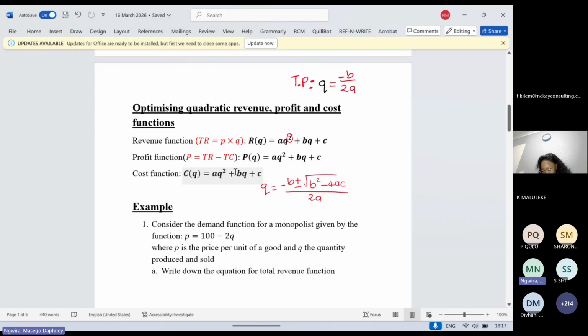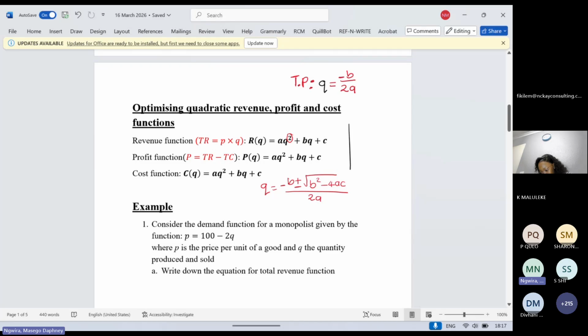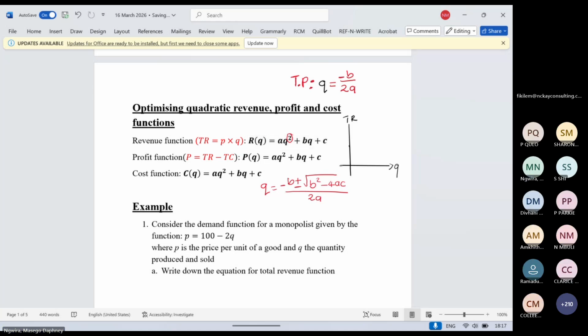So if I was to draw the function, let's say for your total revenue, my graph is going to look like this. It's still the same as the one I was drawing before. This is TR, my dependent variable, and my independent variable is Q. We drew the graph of total revenue as a linear function before.